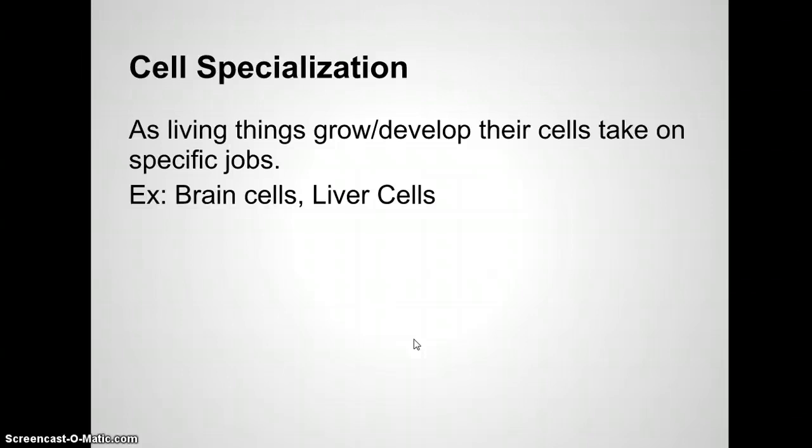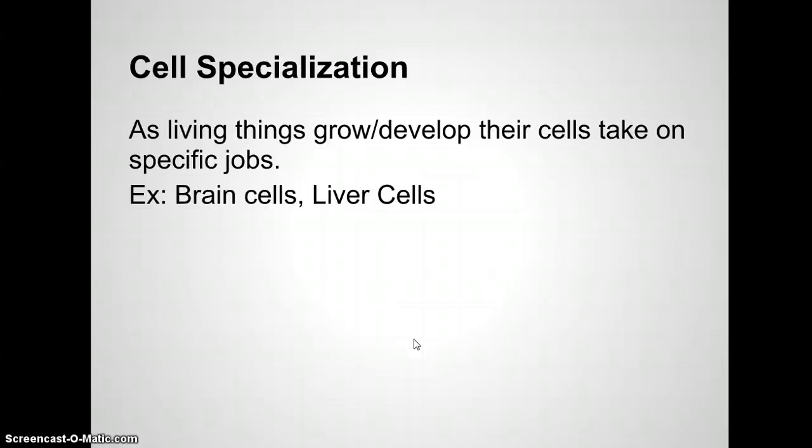It's just a really general idea that our cells didn't have jobs yet. And so as we grow and develop, our cells take on different jobs. You might have some cells that turn into brain cells, some turn into liver cells, some turn into skin cells. And the DNA that we have helps our cells make the decision as to what job they're supposed to have.